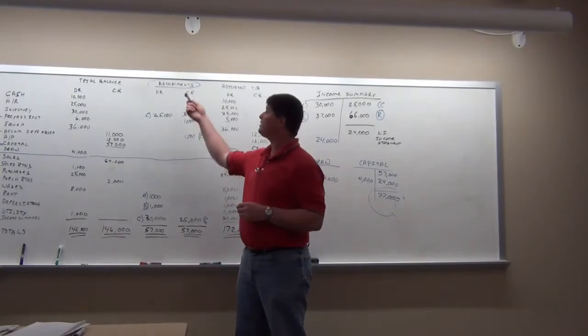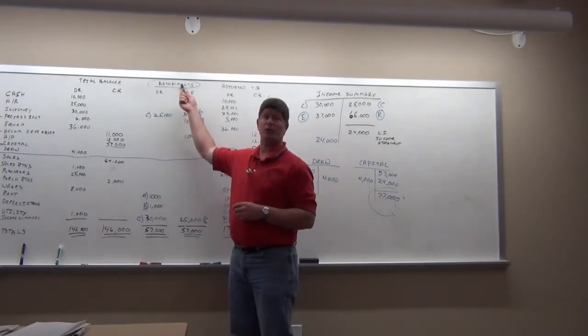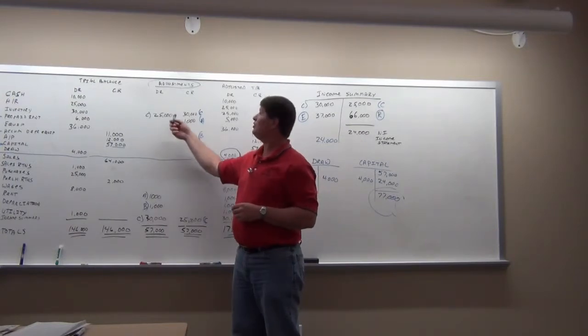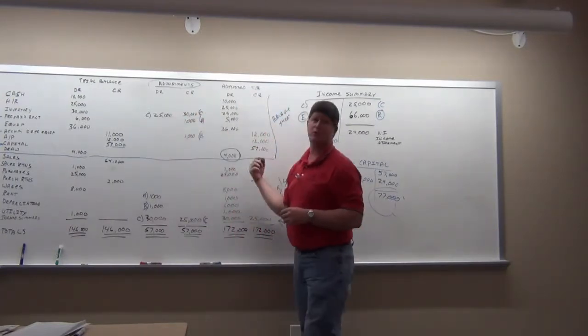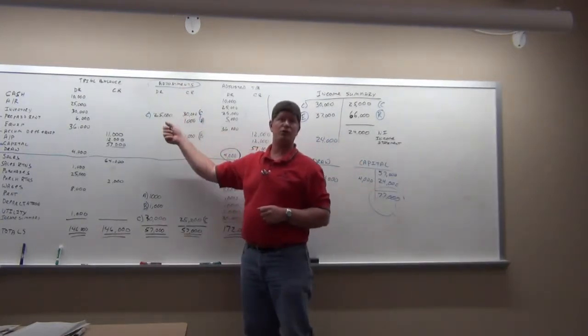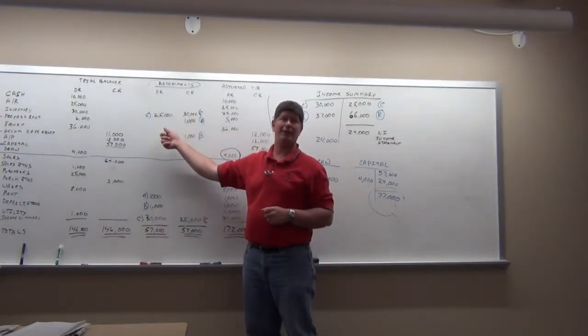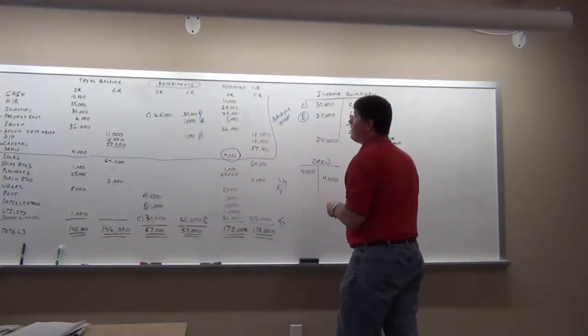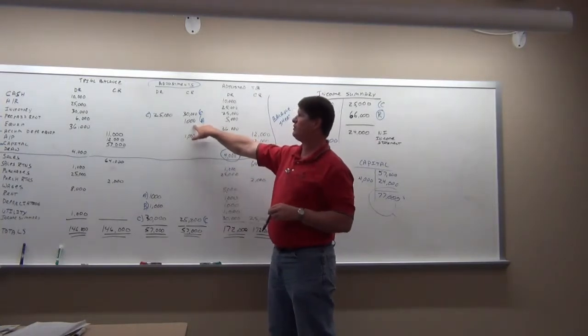Okay, so posting the adjustments to the general ledger is your question. So these are your adjustments on the worksheet. You would prepare your financial statements from your adjusted trial balance column. Then you would post your adjustments to the general journal and then the general ledger. So to go to the general journal, we'll do them in order. A was first.